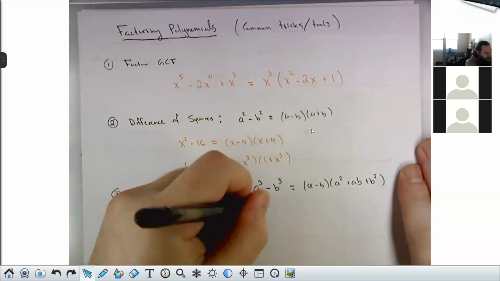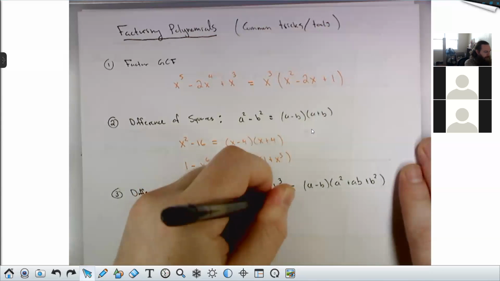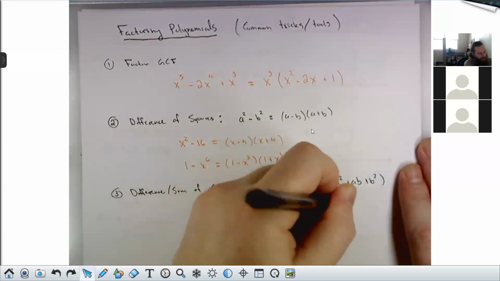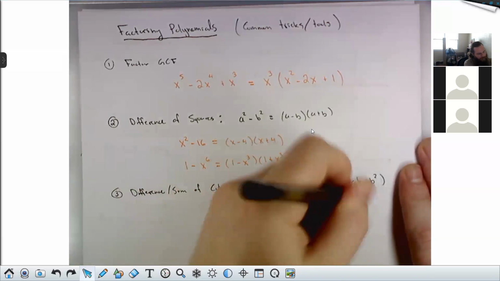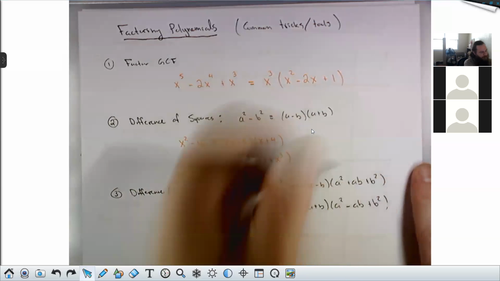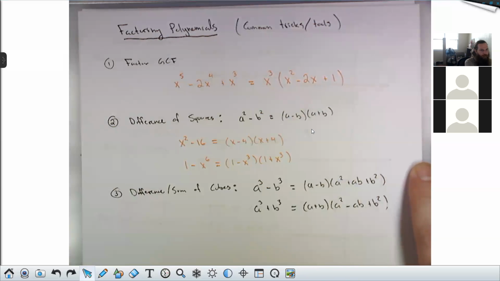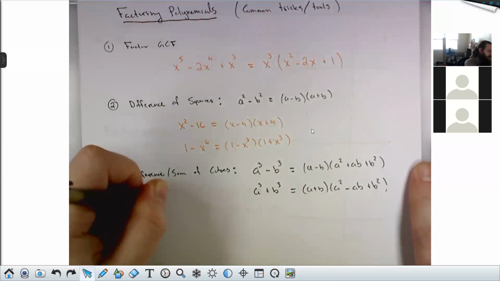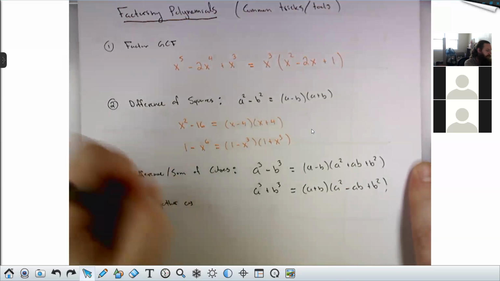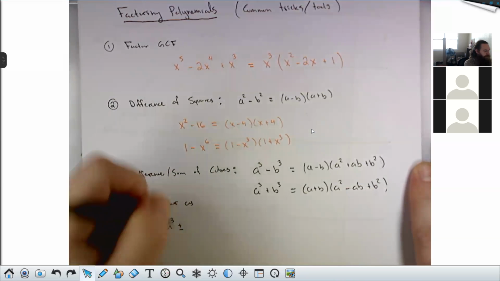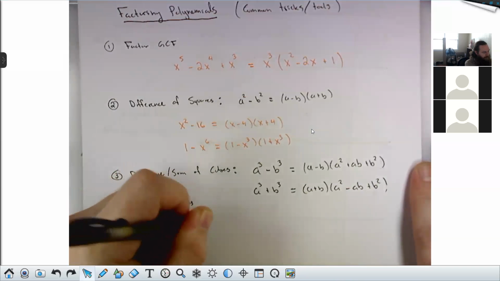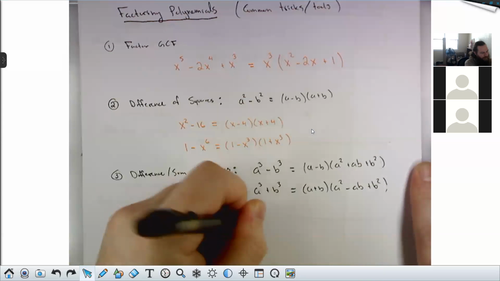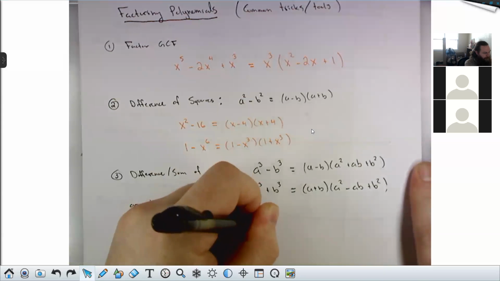And if this were a cubed plus b cubed, you could factor this as a plus b times a squared minus ab plus b squared. Some people like to write these together in one thing.